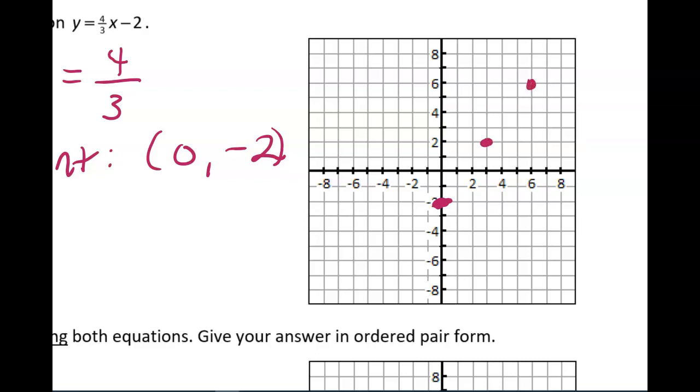Rise 4 and run over 3. We can do the same in the opposite direction, fall 4 and left 3. And what we want to do is extend that line all the way to the end of the grid and put arrows on the end. I don't care too much about your line being ruler straight as long as you make these points obvious.